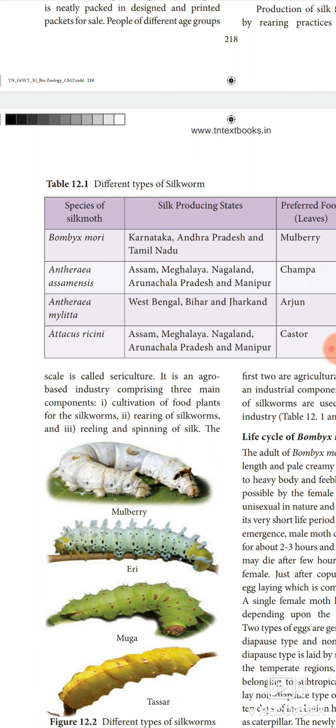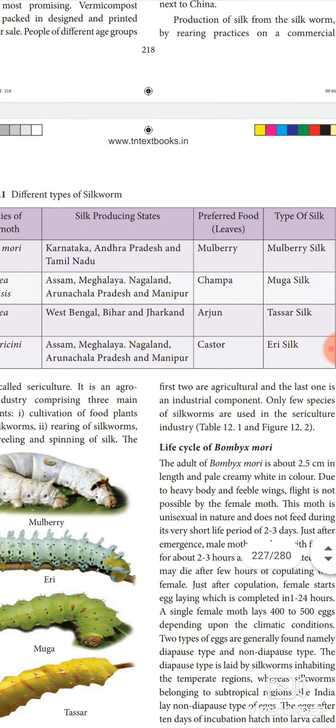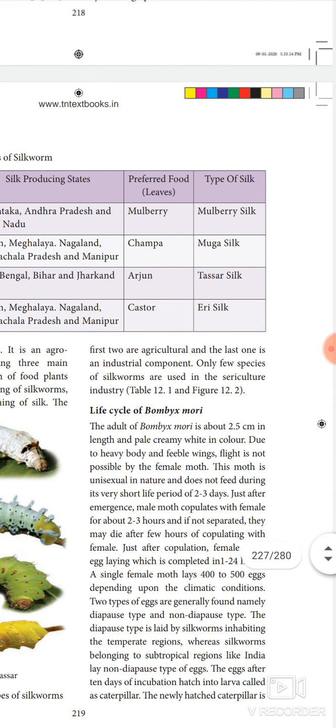These 3 are the main components. The first 2 components are agricultural and the last one is the industrial component. Next we see the different types of silkworms in India: Bombyx mori, Antheraea assamensis, Antheraea mylitta and Attacus ricini. These are the different species of silk moth. Next we see the life cycle of Bombyx mori.